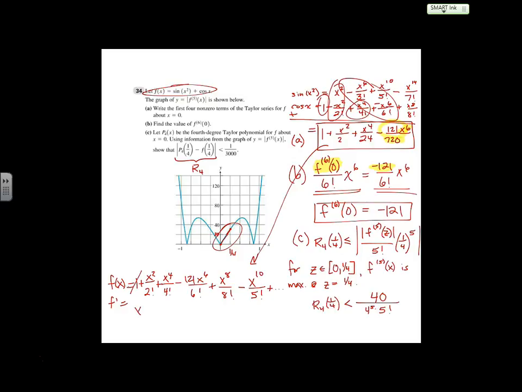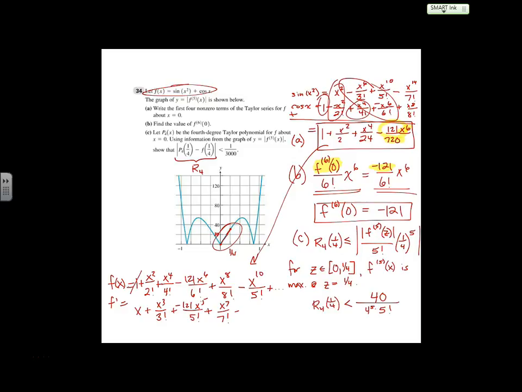I just get x. When I bring down the 4, what do I get? Right? When I bring down the 6, what do I get? 121 x. Bring down the 8, I'd have x to the 7 over 7 factorial.